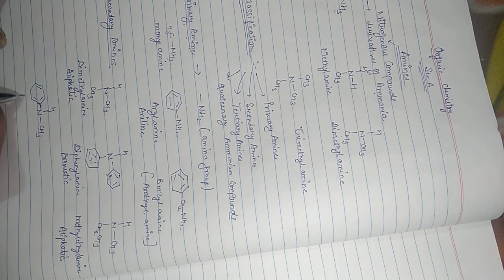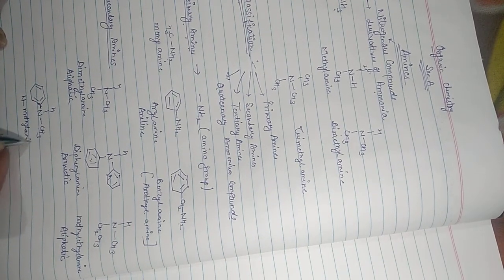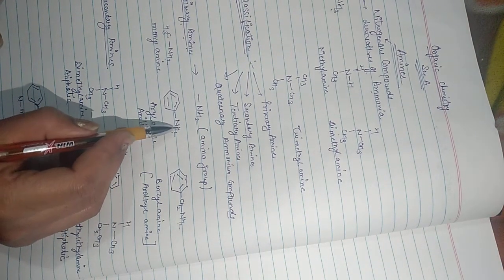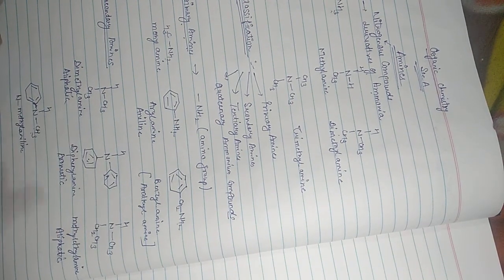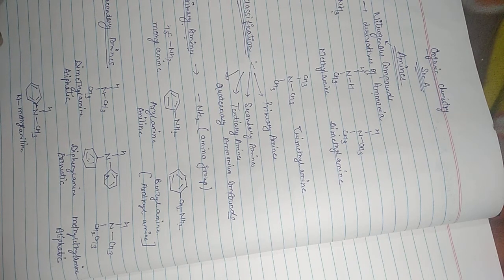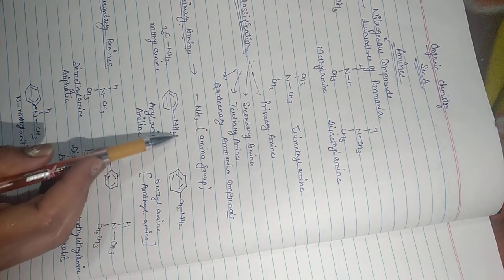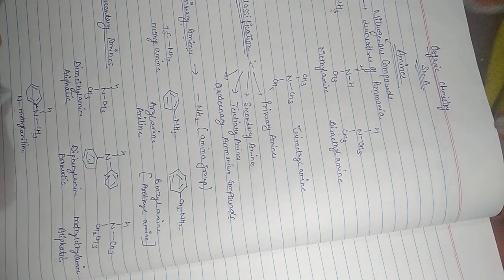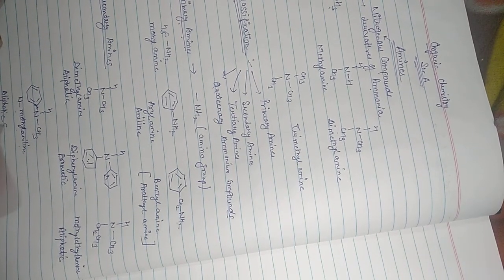So this is N-methyl aniline, because this is aniline in which one hydrogen atom is replaced by the methyl group. So it is N-methyl aniline and it is a mixed aliphatic aromatic compound.